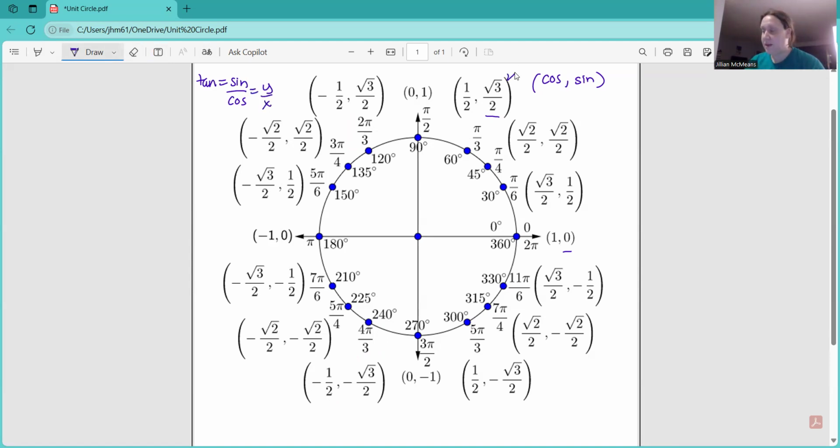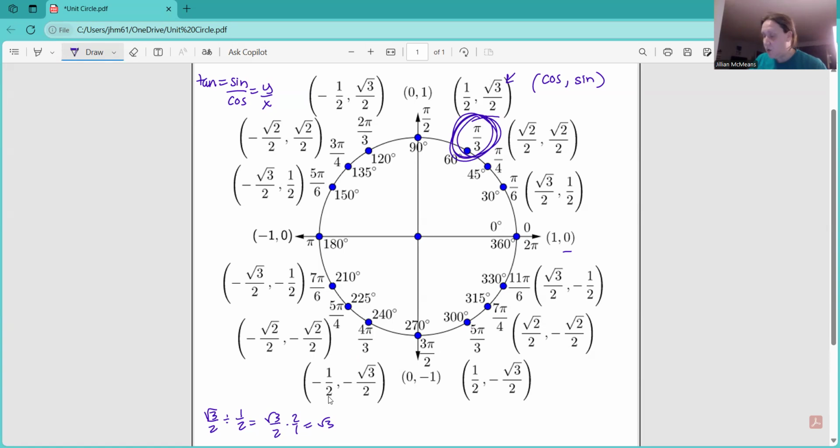And it's going to be these, where sine is root 3 over 2. So if sine is root 3 over 2, and I divide it by 1/2, so that's the y divided by the x, I get root 3 over 2 times 2 over 1, which is root 3. Okay, so it's when cosine is 1/2. So we want to know when tangent equals positive root 3. That's going to occur at pi over 3 radians.